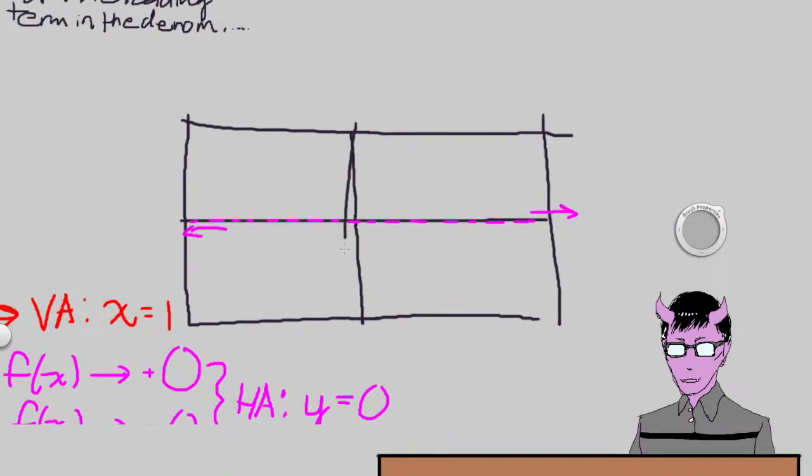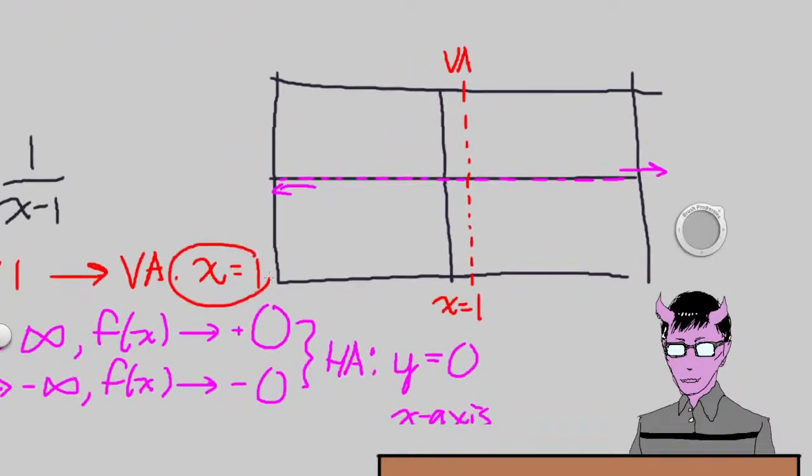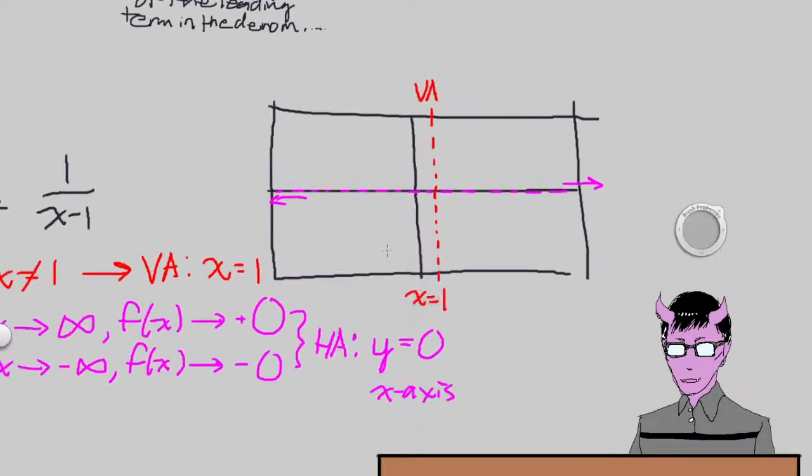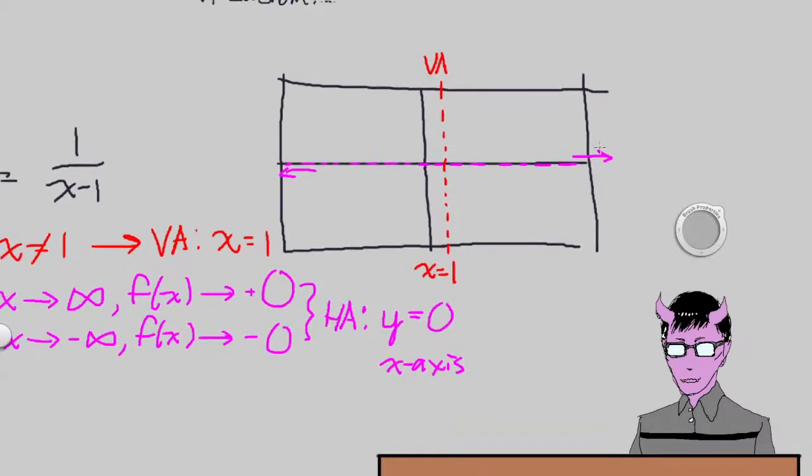So your x values can be right there graphically. Graphically, we cannot have it right here at x equals 1. So this is where our imaginary wall is, the vertical asymptote. That's at x equals 1. Right there. Okay. So that was a correction.